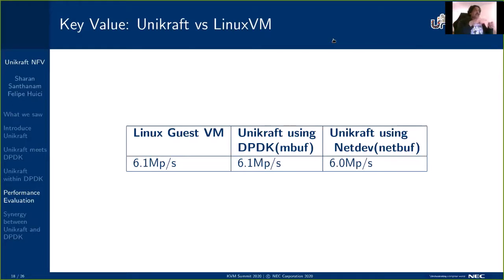A single core is now processing the receive of the packet, processing some data within it and sending it out. We compared the Linux VM, DPDK, and Unikraft with NetDev running, and all of them were quite similar at about 6 million packets per second.